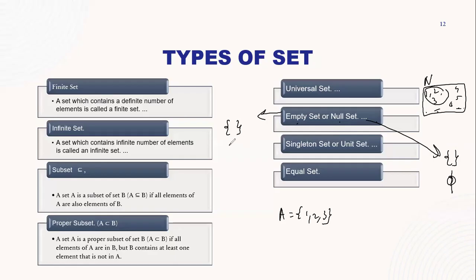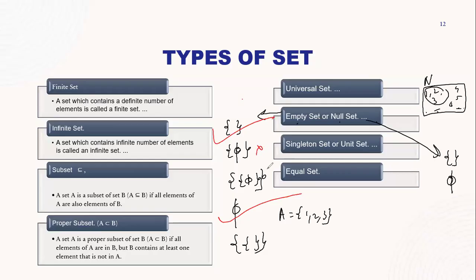They will ask you like this, or phi, or phi inside braces like this. So among these, this one is okay and this one is okay. These are wrong. Either you represent it by empty brackets or the phi symbol. You will not use both. So these are incorrect formats.